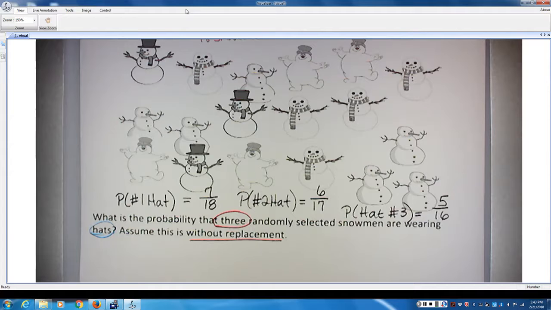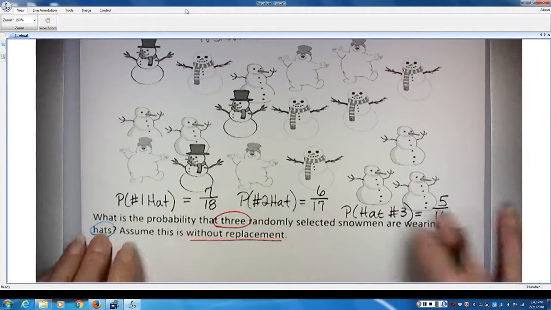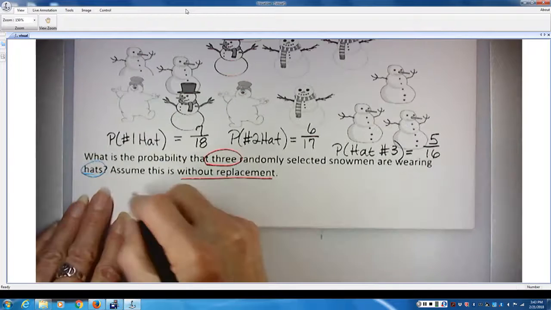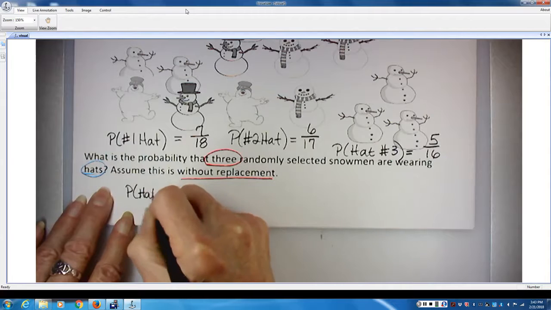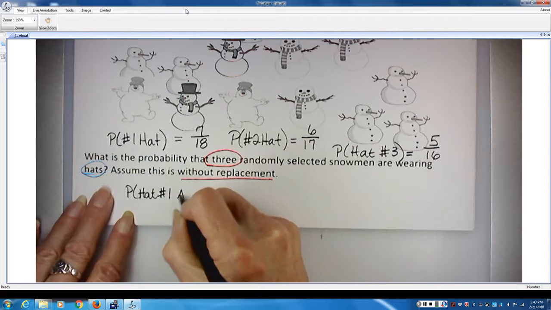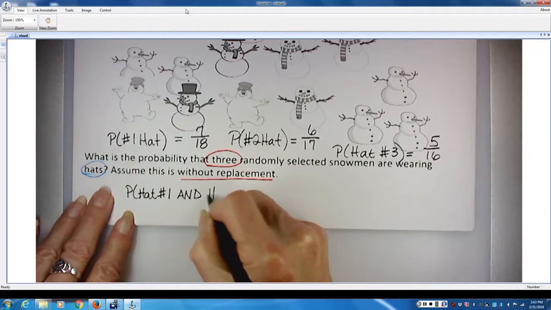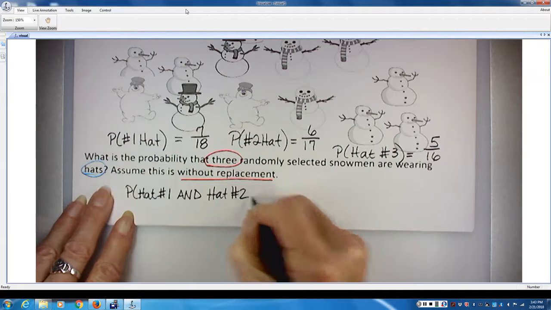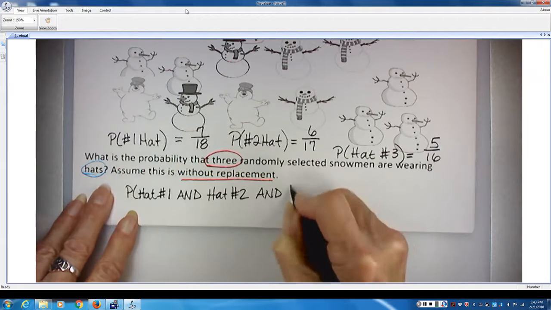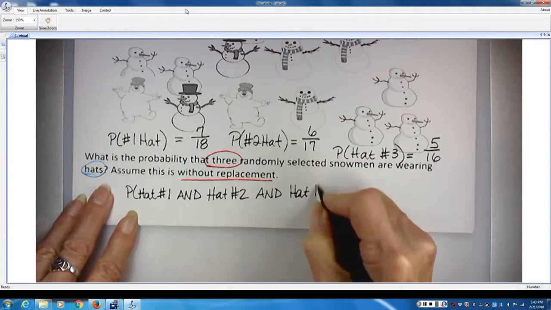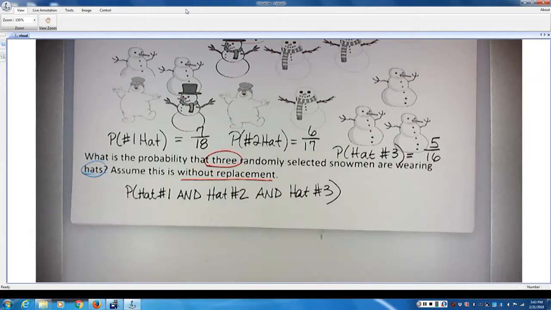And this is the place where the words "or" and "and" have to come back and haunt you, because you've got to remember that in order for me to have 3 snowmen that have hats, what I actually have to get is I have to get a hat on snowman number 1, a hat on snowman number 2, and a hat on snowman number 3.